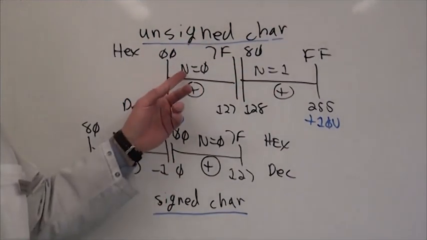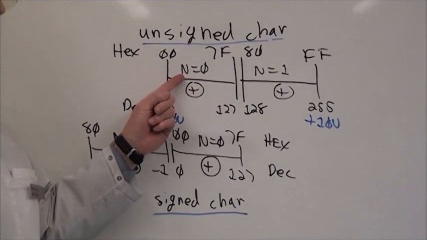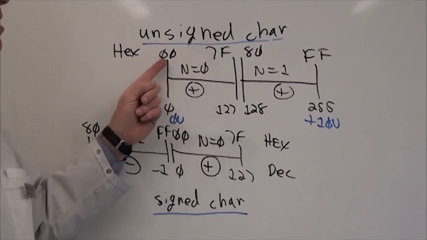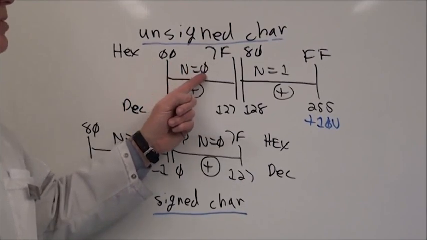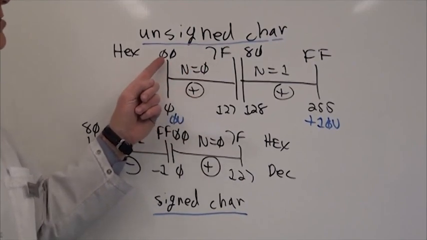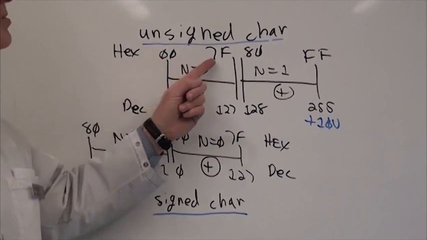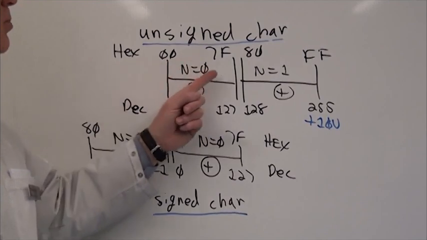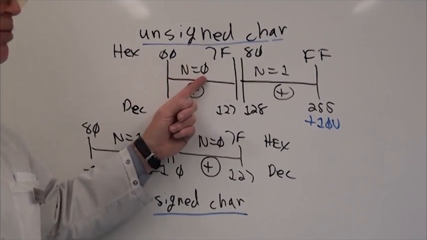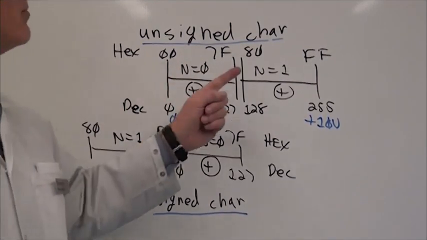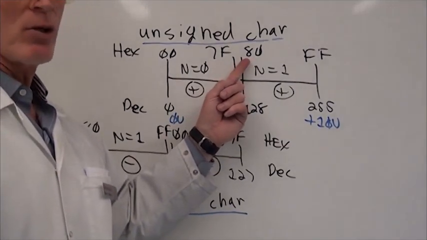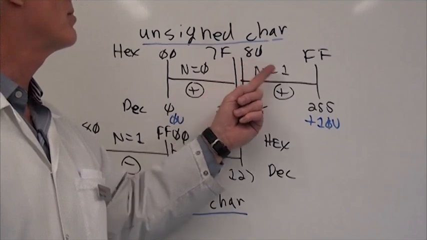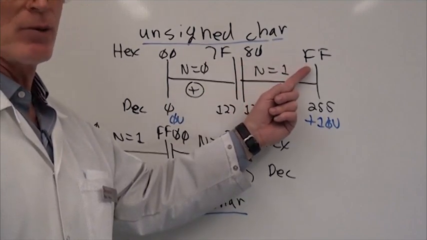But what we're going to see is the most significant bit, which is referred to as our N bit, for this entire range from 0 to 7. If you look at 0 to 7 in binary, the most significant bit of all these digits is 0. In fact, 0 is 0 with 7 zeros, 7F is 0 with 7 ones. So all the numbers in this range have the most significant bit, or N bit, as 0. All of these numbers here have the most significant bit, or N bit, as 1. So 80, which is a 1 followed by 7 zeros, all the way up to 1 followed by 7 ones.